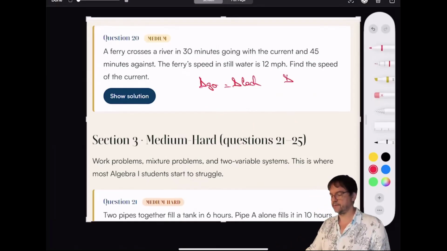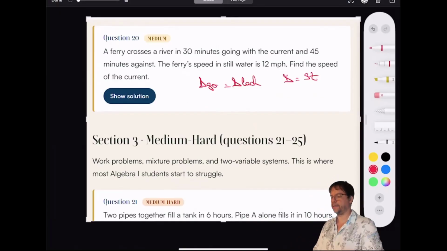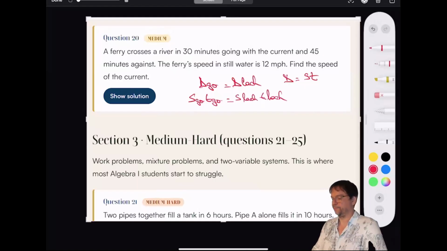What is distance? Distance is speed times time. Okay. Speed to go times time to go is equal to speed to back times time to back. Do you agree? Yeah. Time to go, 30 minutes.